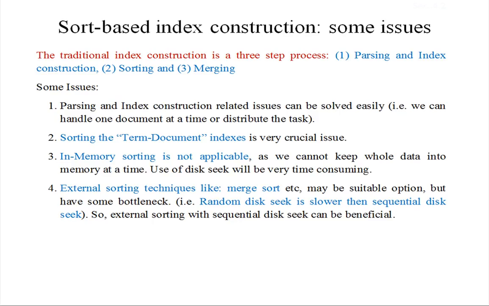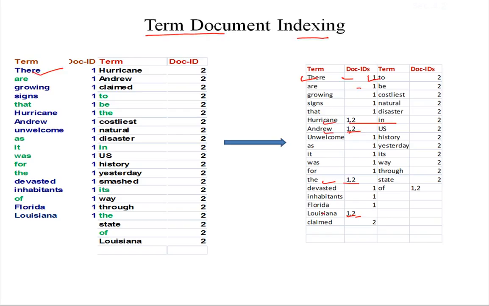The first is sort-based index construction. In sort-based index construction, the first step is parsing and index construction, the second is sorting, and the third is merging. It will be clear from here. Suppose we take millions or billions of documents and we need to prepare such an index, like the term there exists in how many documents.